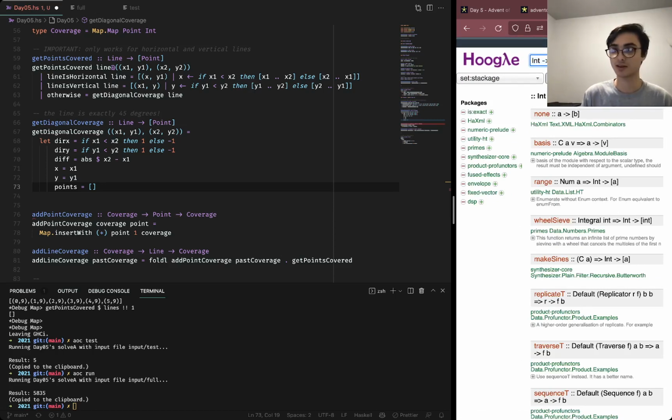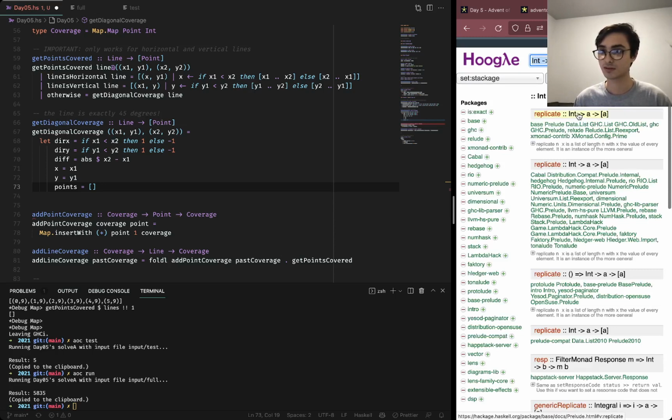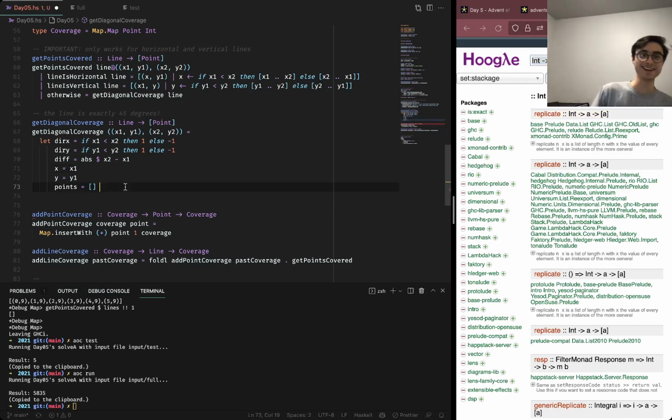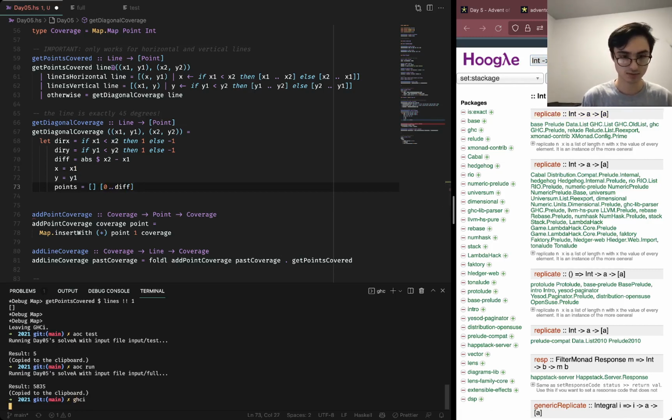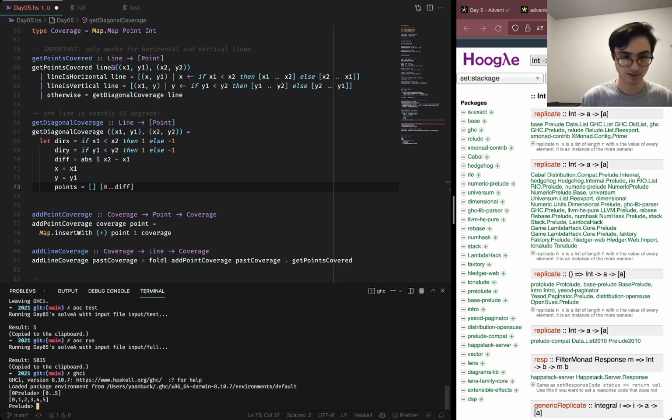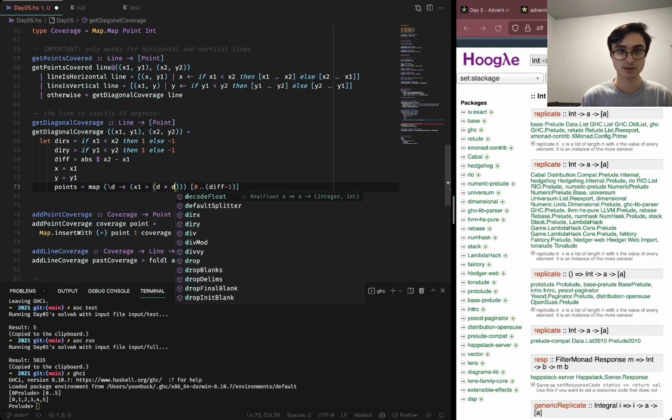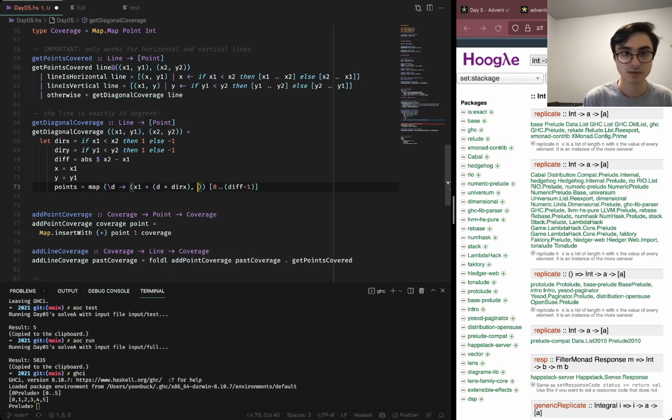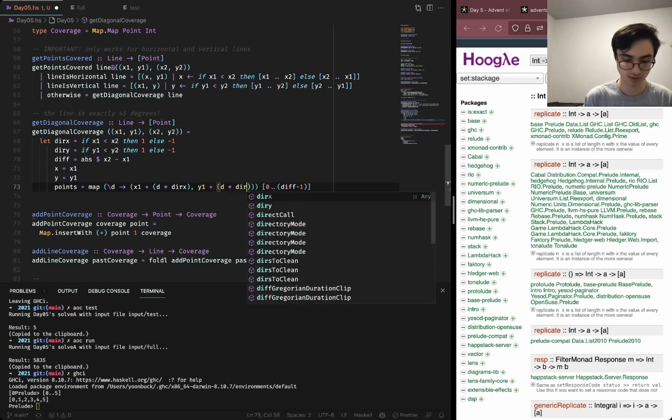Int, I guess. I don't want to replicate. Oh, I use a 0 to diff. That's inclusive, so diff minus 1. And then map d to x1 plus d times dir x, y1 plus d times dir y.